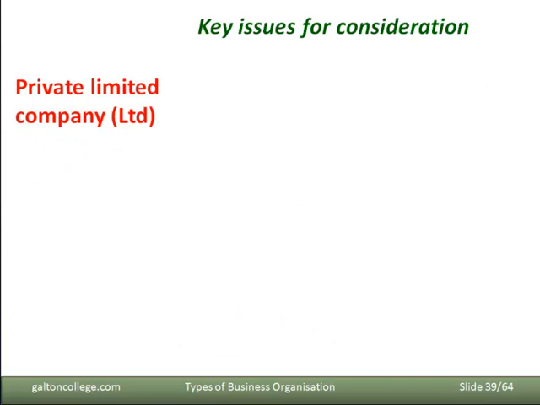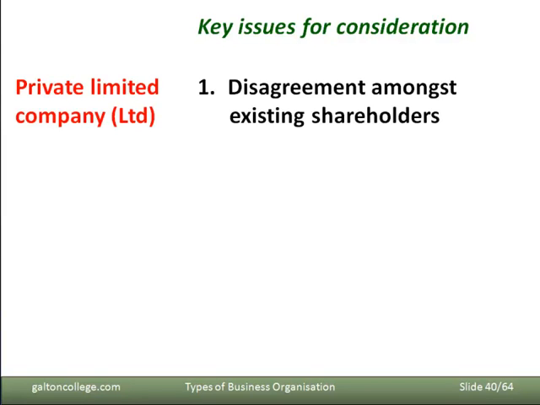Now, for the private limited company, the key consideration here is there might be disagreement between the shareholders over the goals or the objectives of the business, and that may distract the business from the core activity, the activity of producing something and selling it in the market. They may spend more time fighting amongst themselves.